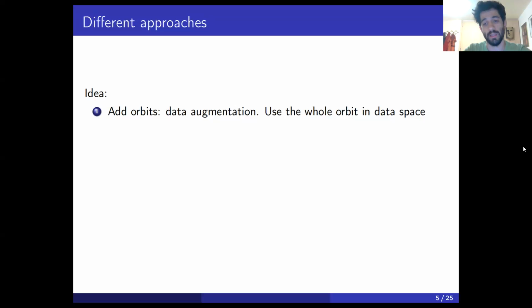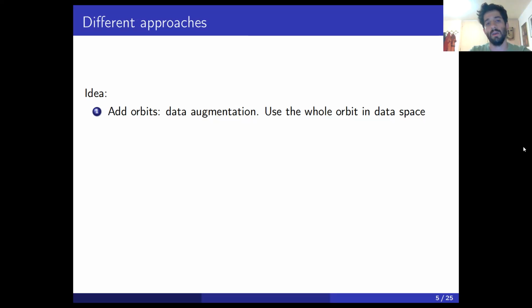So we have our data points, and for each data point we add its whole orbit to the data set, and then use the whole orbit to feed the neural network. This is the most straightforward method, and will have good results, but it's too computationally expensive to create such a highly symmetric function.